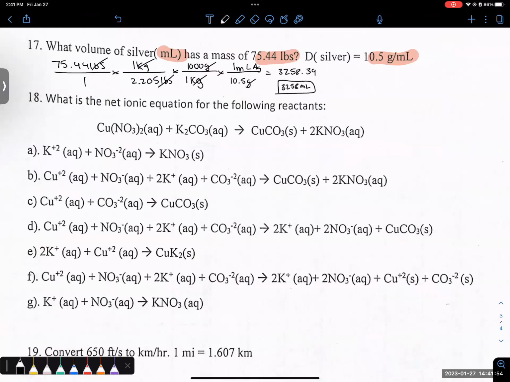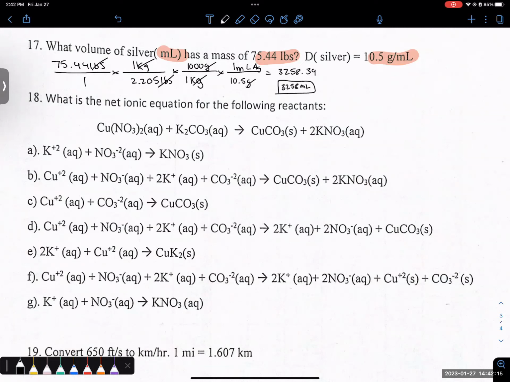So that helps me. So a net ionic equation for the following reactants. Everything that is aqueous, what does aqueous mean? It's dissolved in water, right? If it's dissolved in water, is it a solid or is it in its ions?